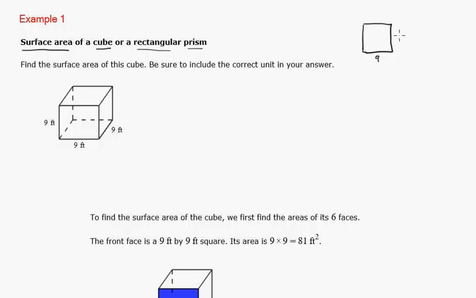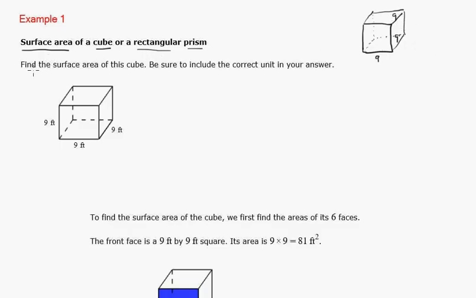So if this is 9, then this is 9, and this is 9, and this is 9. But a cube is three-dimensional, so it also means the depth. The depth is 9. We always do a dash line for the part back here that you can't really see. So we have the depth of 9.